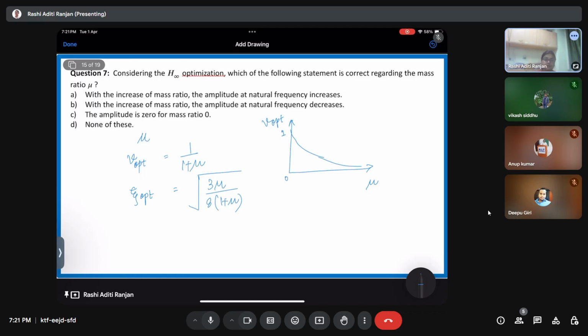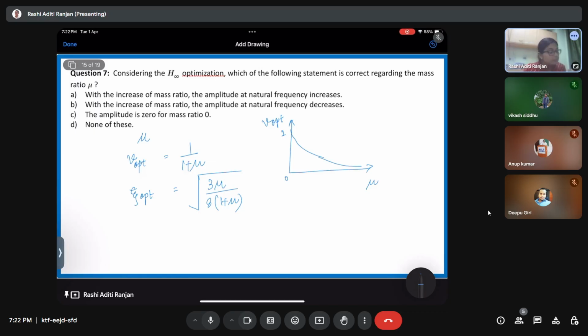It's decreasing. So what does it mean? If my optimal frequency ratio is decreasing with the increase of mass, then my system response shows what optimized frequency is required. Since it is decreasing, it means that the requirement is less.